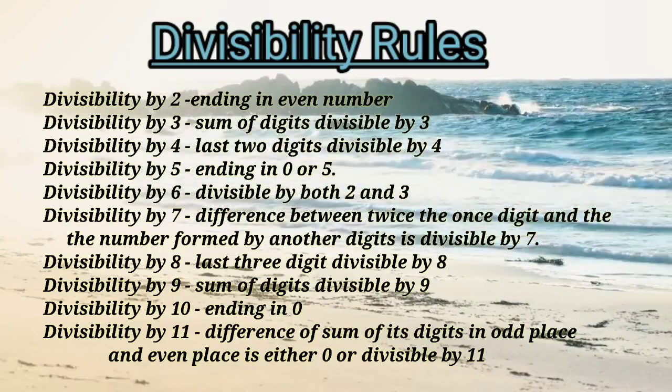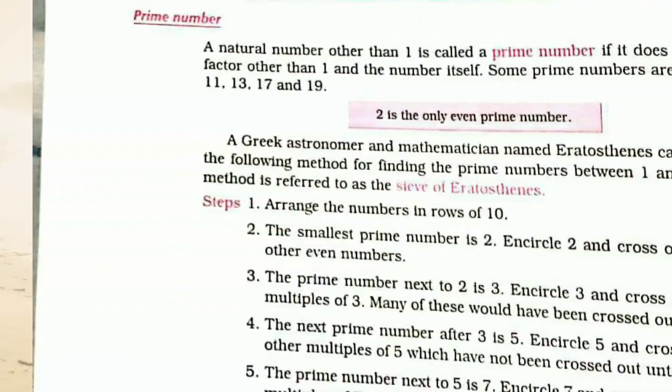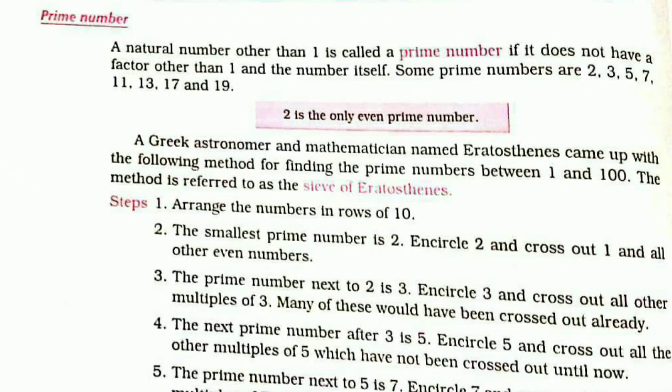Now we will see the procedure of the sieve of Eratosthenes. We know that if any number has exactly two factors, then it is called a prime number, and if it has more than two factors, then it is called a composite number. Except 1, which has only one factor, so it is neither prime nor composite.